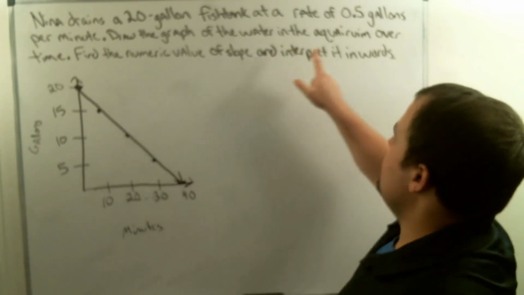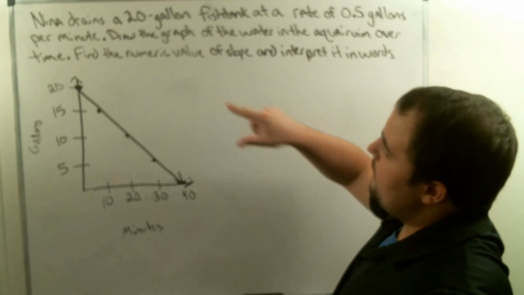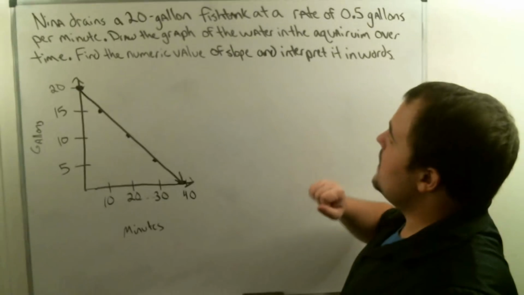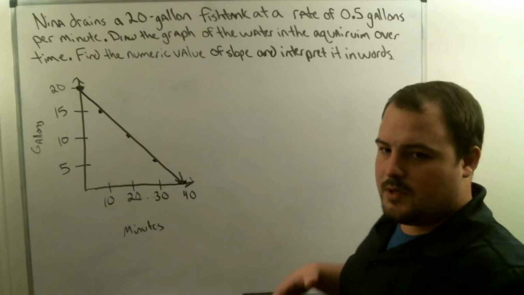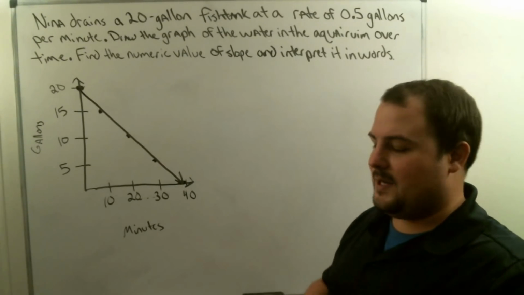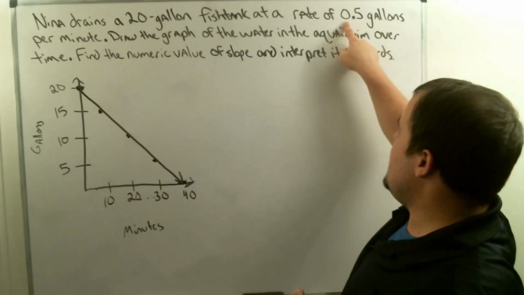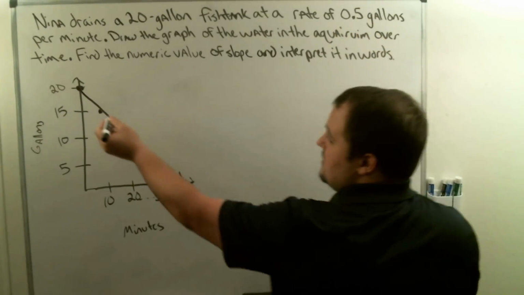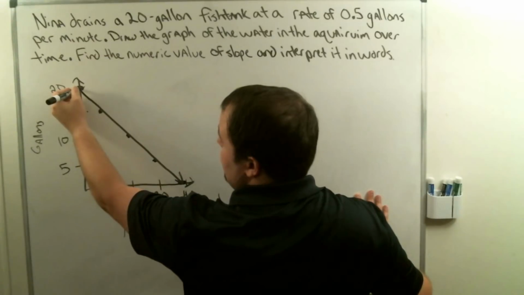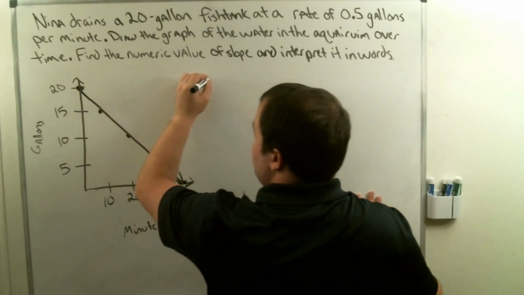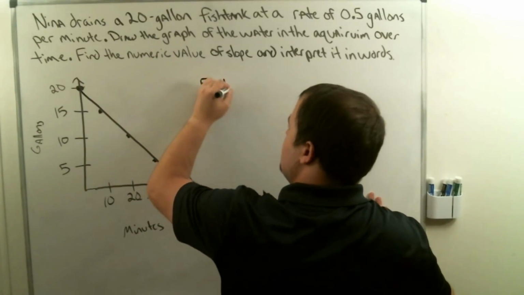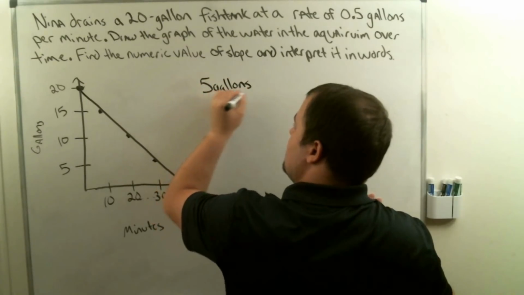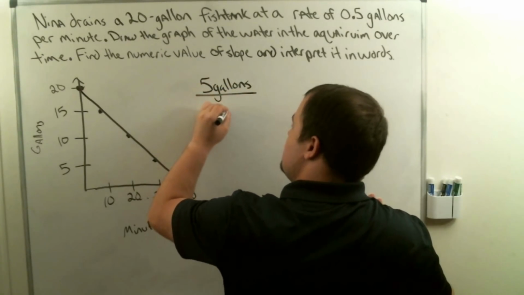Now, it says, okay, well, we drew the graph, find the numeric value of slope. Well, they kind of give us that slope. They told us what's actually happening. They told us that our graph is going to go down 0.5 gallons per minute. And we could actually see that here, that it went down 5 gallons over 10 minutes.